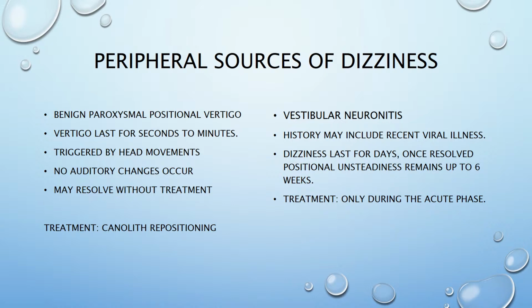In my office, we typically will recheck the patient 1 week after they've gone through canalith repositioning to reevaluate as to whether or not they need to be treated again. In up to 30% of the cases, patients will need a second treatment. The American Academy of Otolaryngology head and neck surgeons do not recommend imaging studies for this particular source of dizziness.